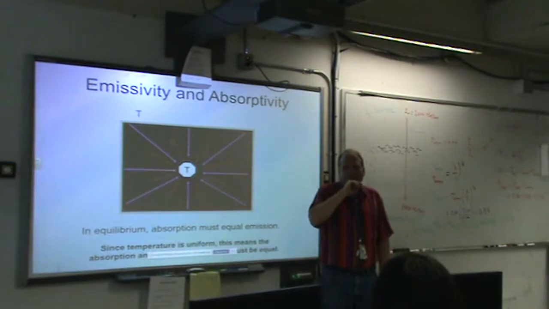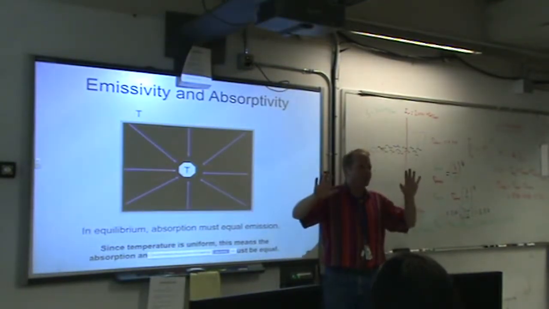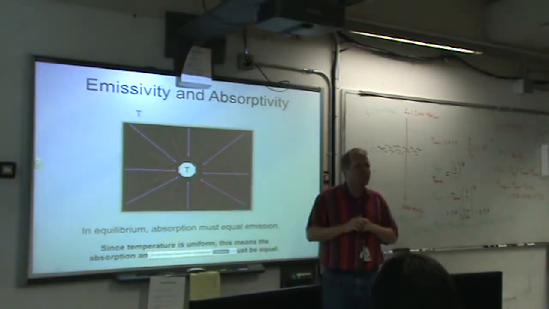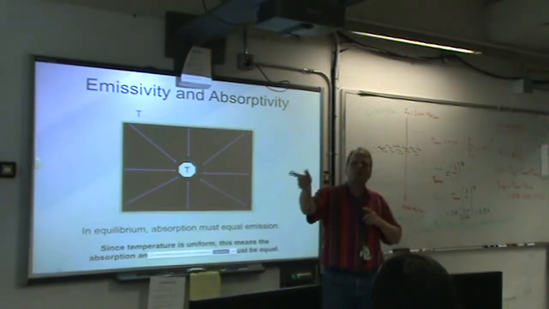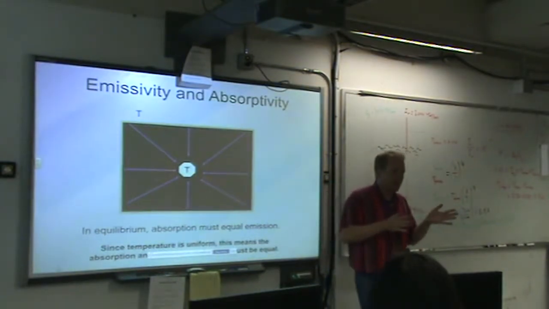Actually, it's the same material. It has the same capability of absorption and emission. Just because you change the temperature a little bit doesn't affect that. Now, if you change it enough that it begins to melt, like an ice cube melting, then it's a different material. But so long as the only thing that you're changing is the temperature, it will absorb and emit at the same efficiency. Because it has to, otherwise it can't even reach equilibrium. Okay?